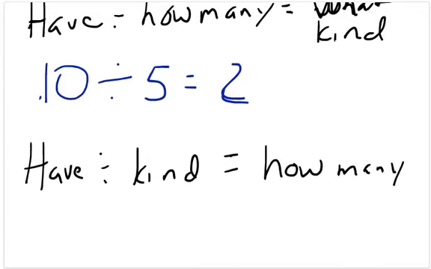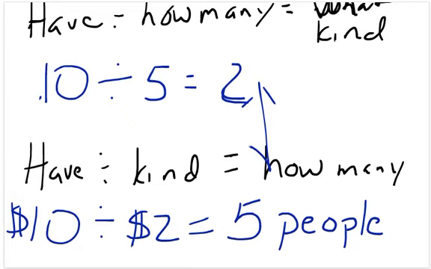Alright, so same idea, if I have $10 and I want to divide that into $2 groups, I can give that to 5 people. Notice that these 2 problems here are very similar. So this would be $10, this is 5 people, and then this is going to give us $2.